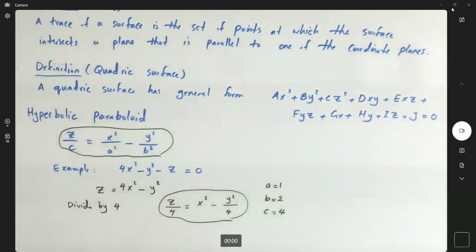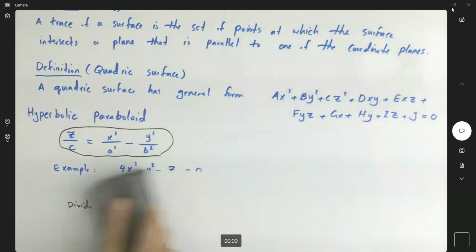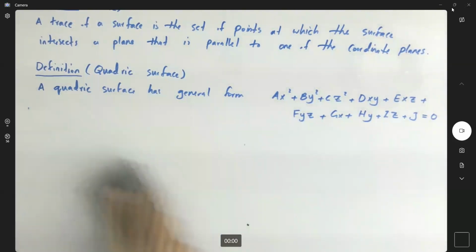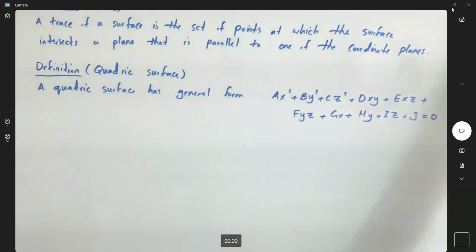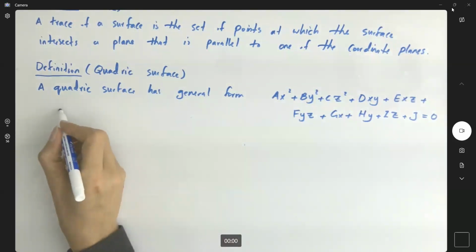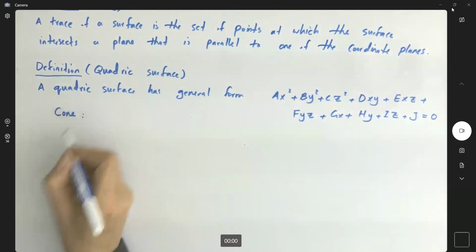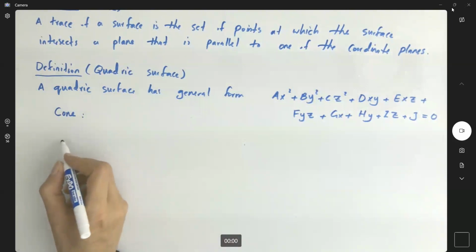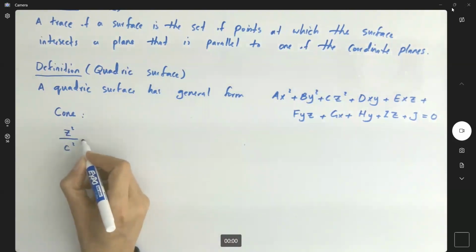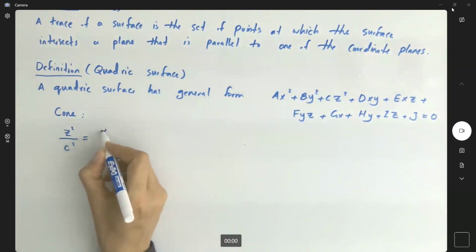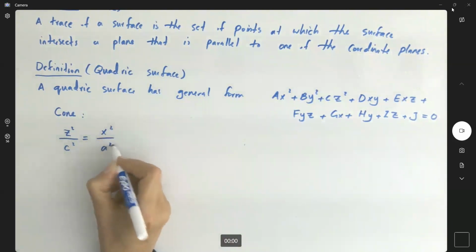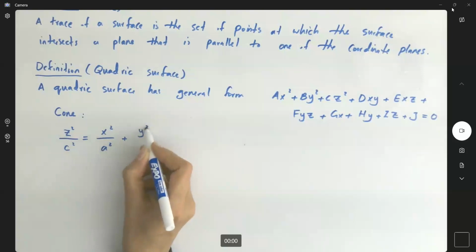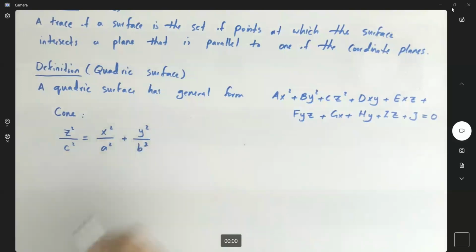Next one is a cone. The equation of a cone is written as z squared over c squared equals x squared over a squared plus y squared over b squared.